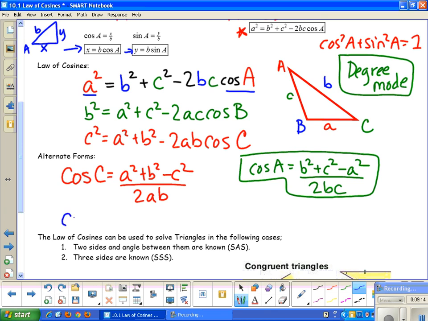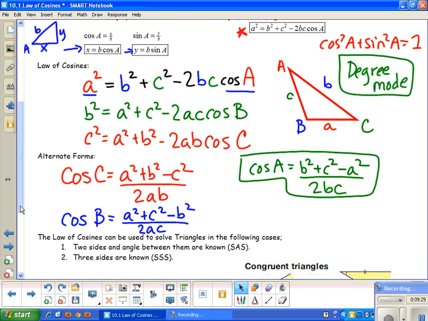The last one would be, if I wanted to solve for cosine B, it would be equal to A squared plus C squared minus B squared over 2AC. And again, make sure you know those formulas. It's easy to remember that if you're trying to find that angle, then that's the one that you subtract over here.